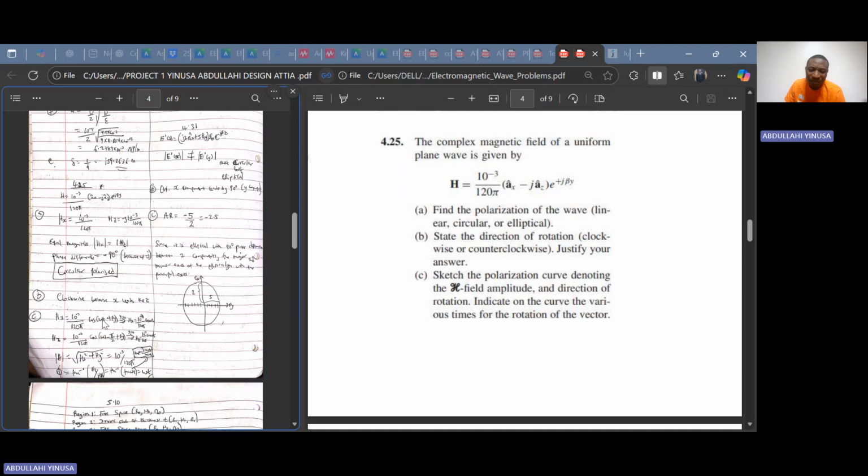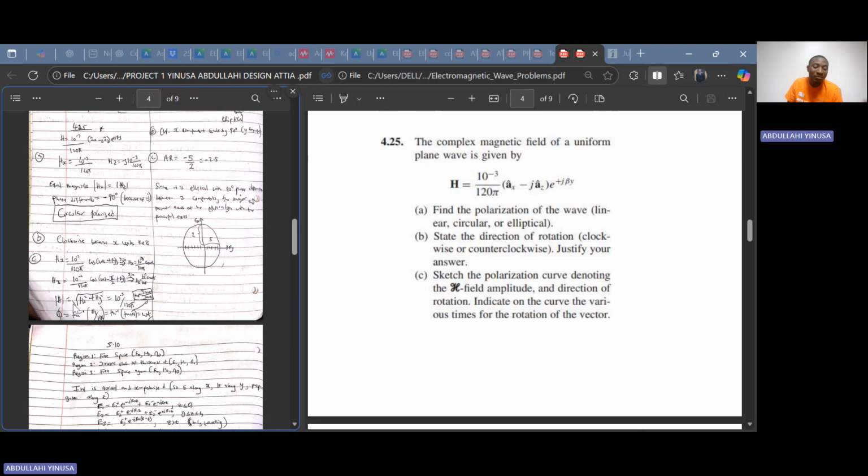They ask us to sketch the curve, and you cannot sketch the curve without getting the H. Of course, you get the magnitude of H, that is Hx plus Hy. When you take the square root of the magnitudes of this and this, you arrive at this answer. You get the phase difference: one is 90 degrees and one is 90 degrees of that.